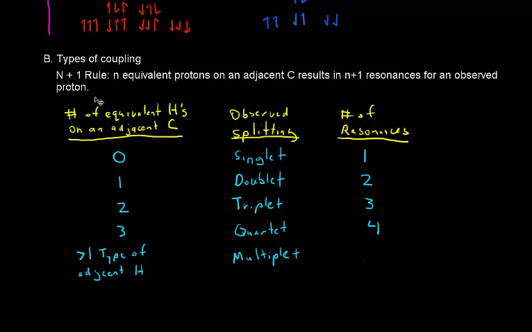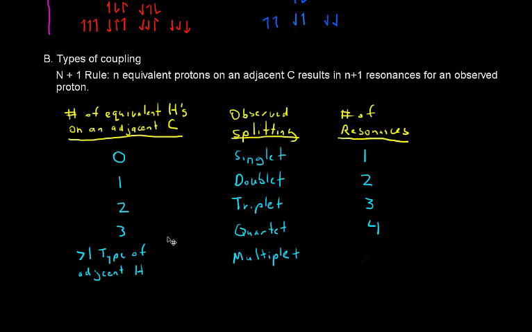It usually takes computers and calculations to be able to deconvolute those types of splitting patterns, although pattern recognition is very important in spectroscopy, and you can begin to recognize different types of patterns for second-order splitting patterns that in your mind you can associate with different types of structural features. But that's beyond the scope of this course.